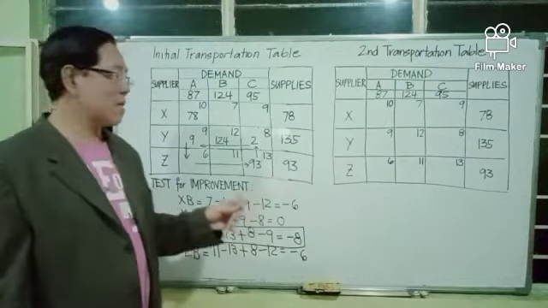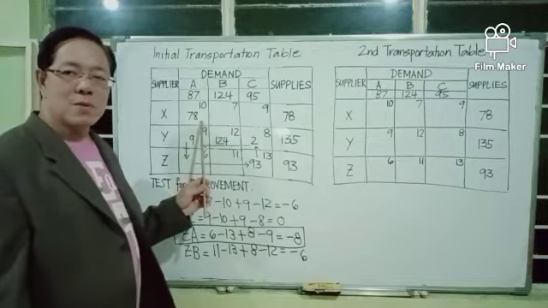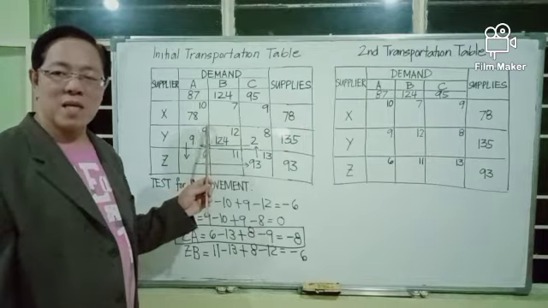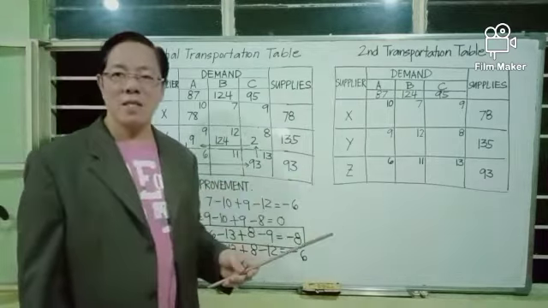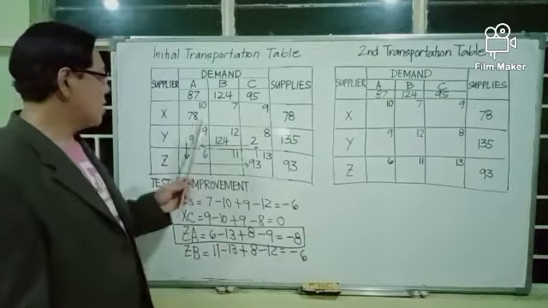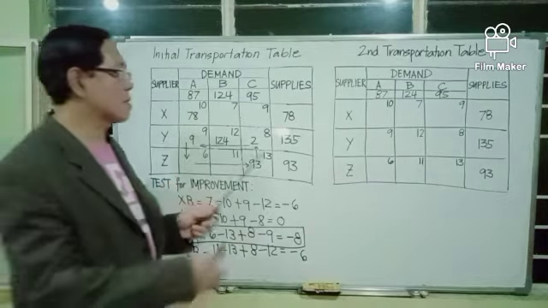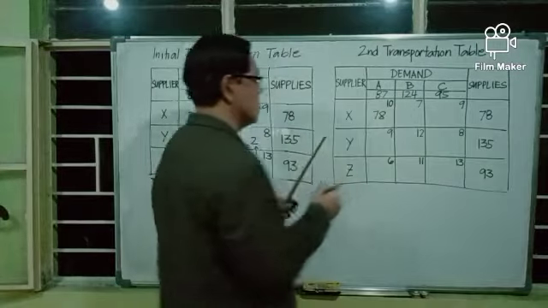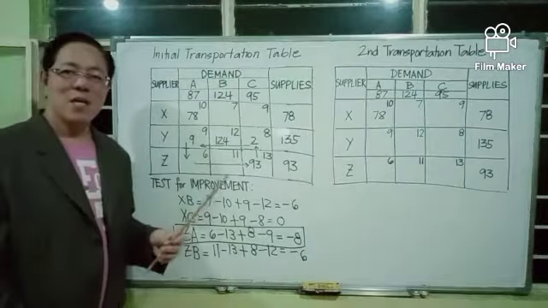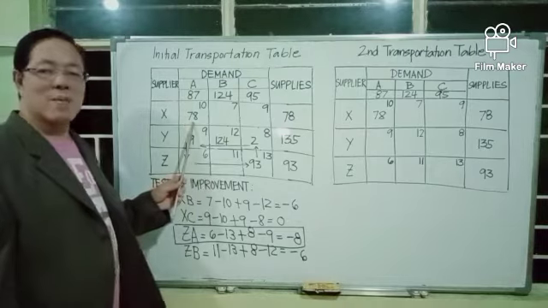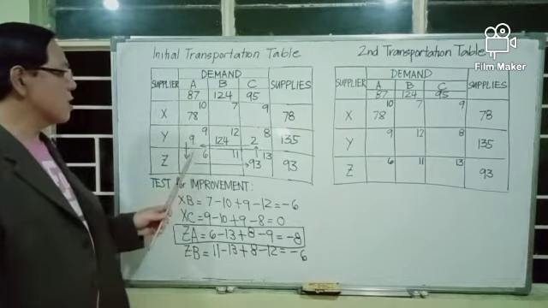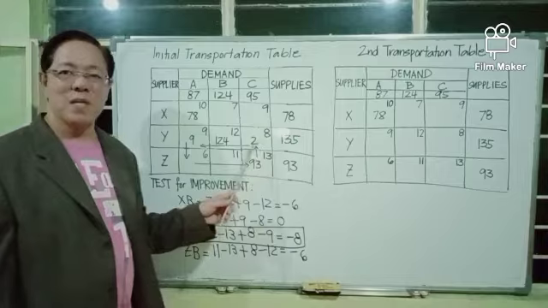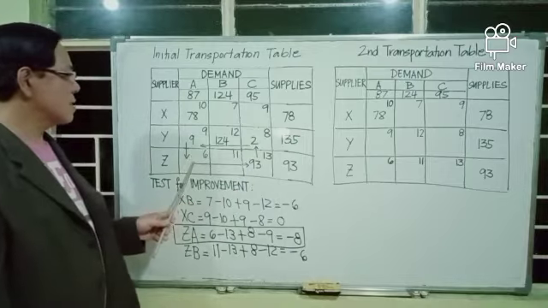And we write that now. You write the numbers that will remain the same in the next transportation table. And we start with 78. 78 will remain as is because 78 is not along the closed path for the vacant cell ZA.